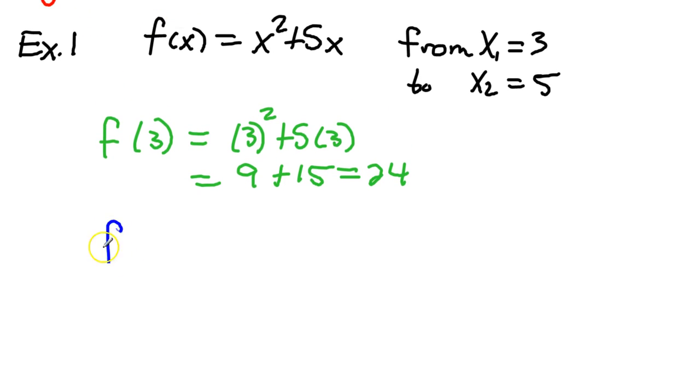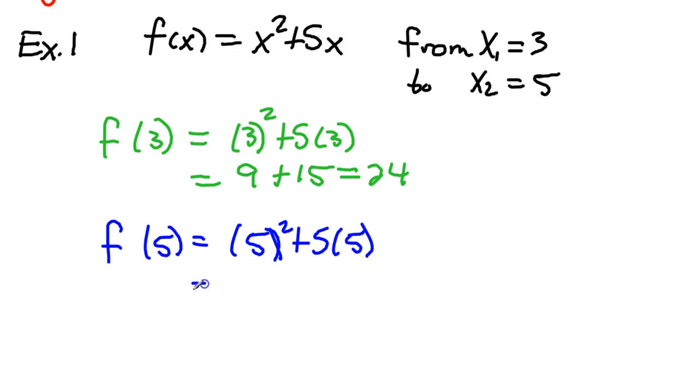Okay, and then we'll do the same thing, but this time we'll do f of 5. So that's 5 squared plus 5 times 5. Get you 50.